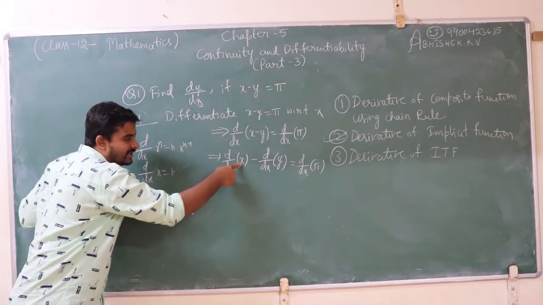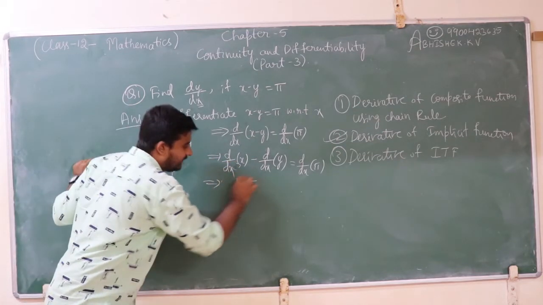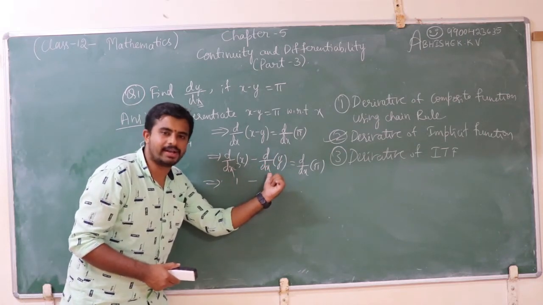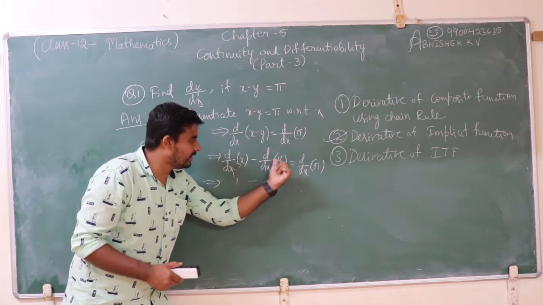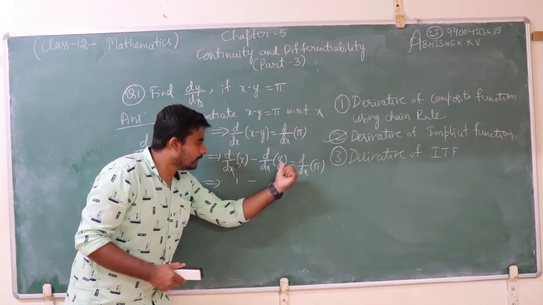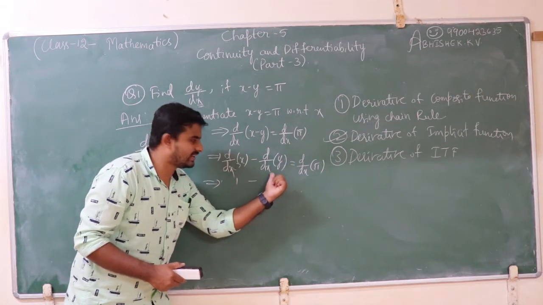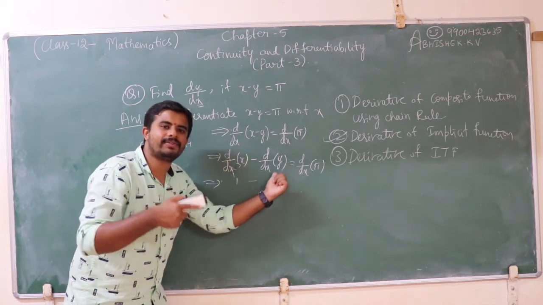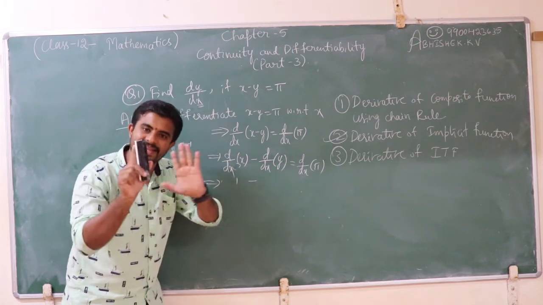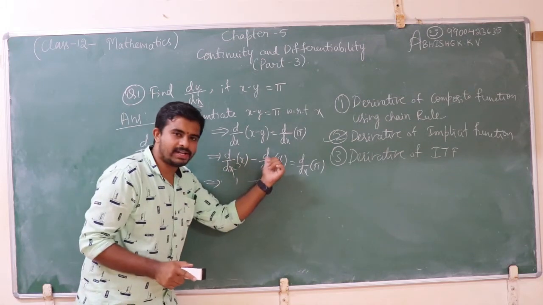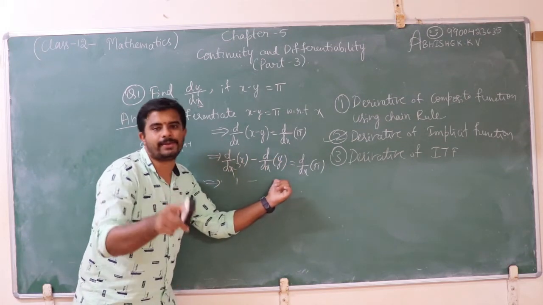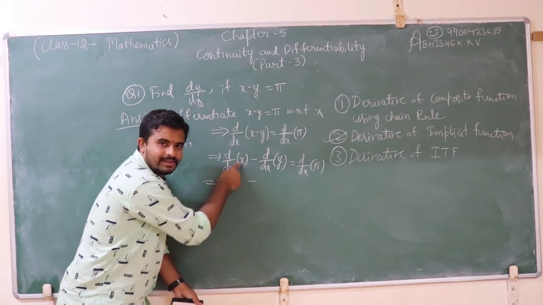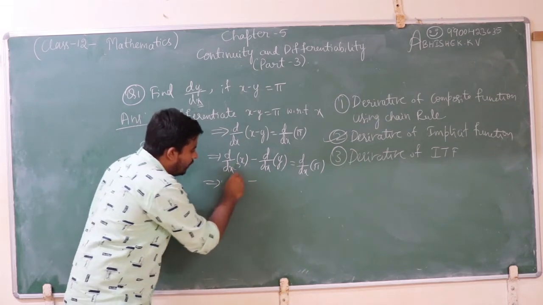Therefore d by dx of x is 1 minus, observe here, the derivative of the function y with respect to x. The derivative of a parameter with respect to the same parameter is equal to 1. Is it clear?